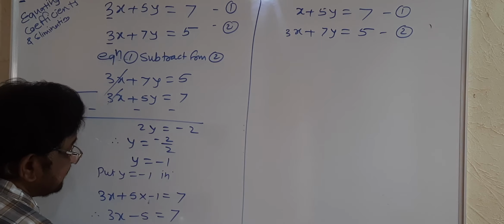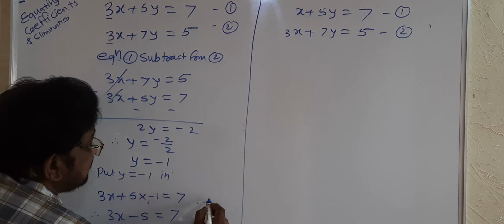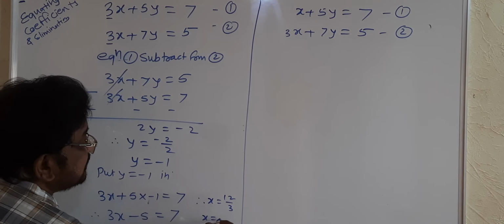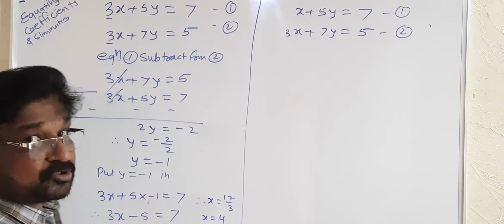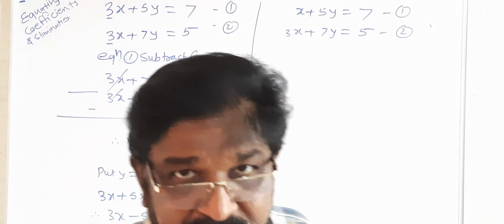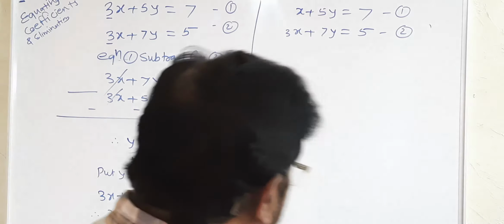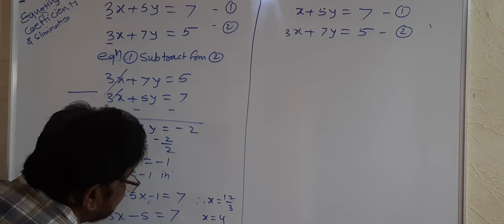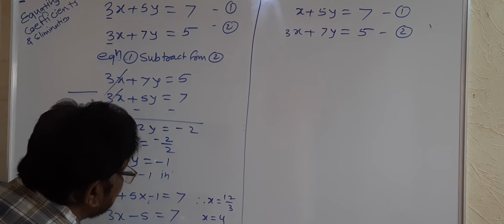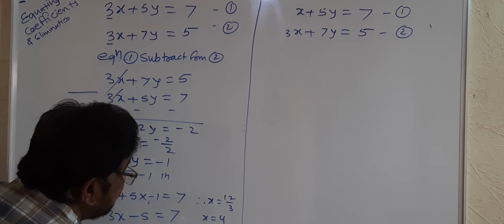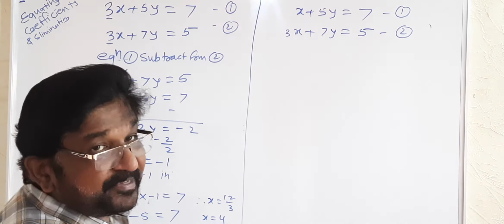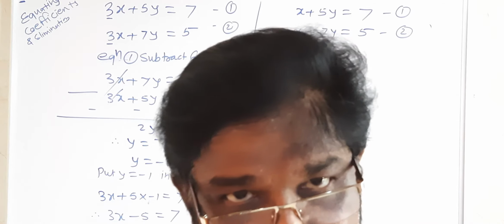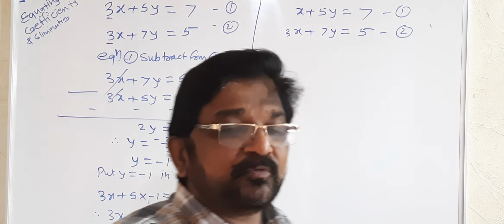So 3x is equal to 12. And lastly x is equal to 12 upon 3. So x is equal to 4. So the solution set is 4 and minus 1. Always the value of x should be first in the bracket and after that the value of y.